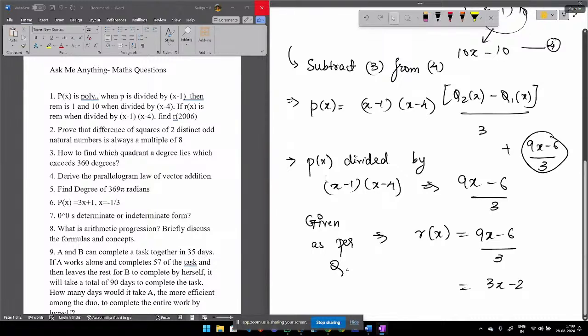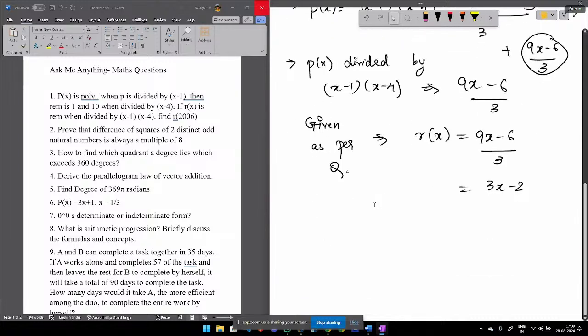Now what have they asked us? They have asked us R of 2006. They are asking us the value of R of 2006. Okay, so what do we have to do? Simply we will substitute the value into this. We have to substitute the value. So what will happen: 3 into 2006 minus 2.